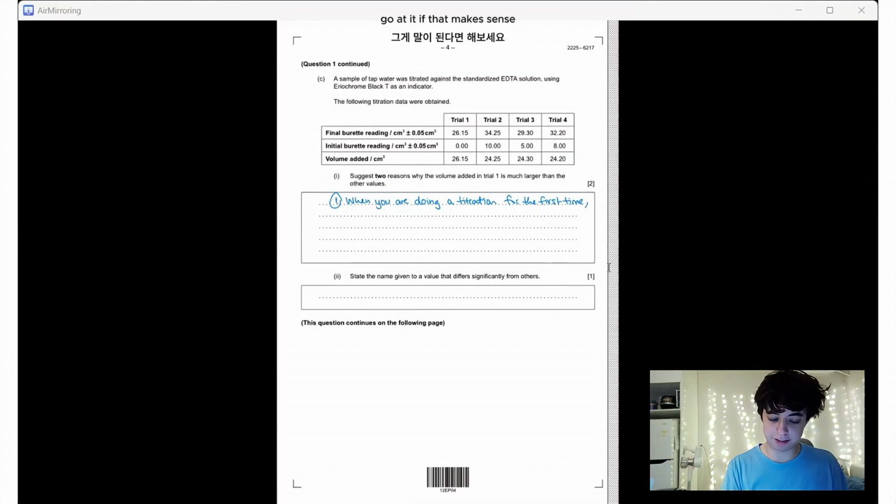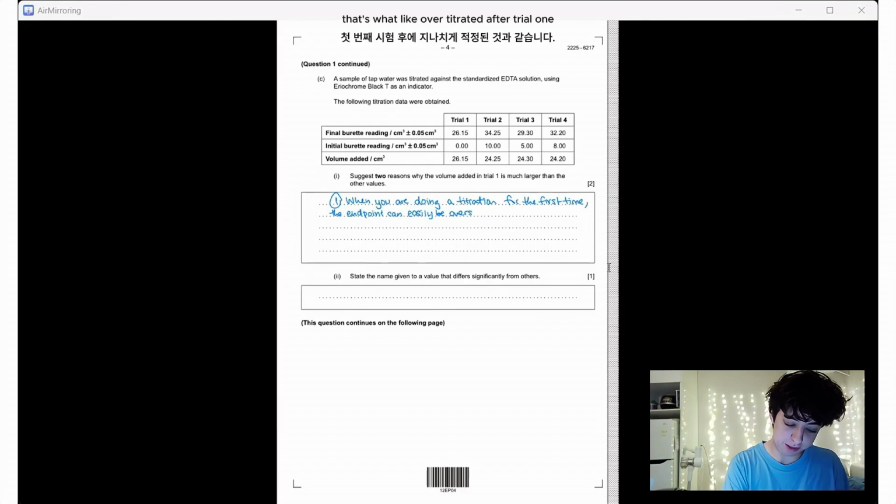You're really unsure about the endpoint at first, so you do it really quickly, just so that it doesn't take a lot of time to see a rough guesstimate of where the endpoint's going to be. The endpoint can easily be overshot. That's what over titrated means.